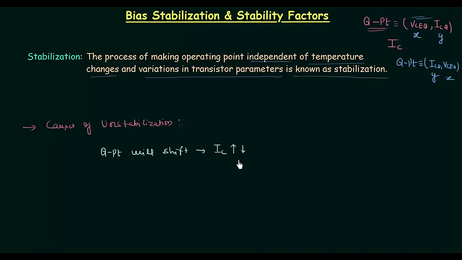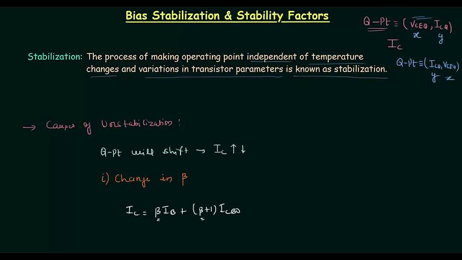The collector current IC will change with change in beta, the current gain or the amplification factor, because collector current IC is equal to beta IB plus (beta plus 1) ICBO. So if beta changes, the collector current will also change.